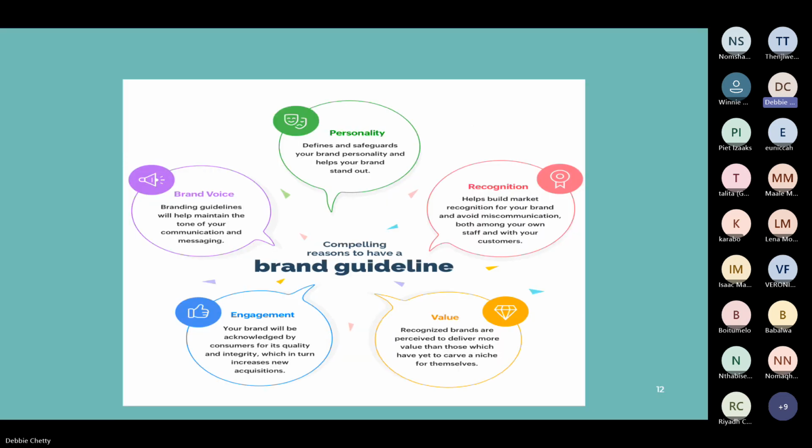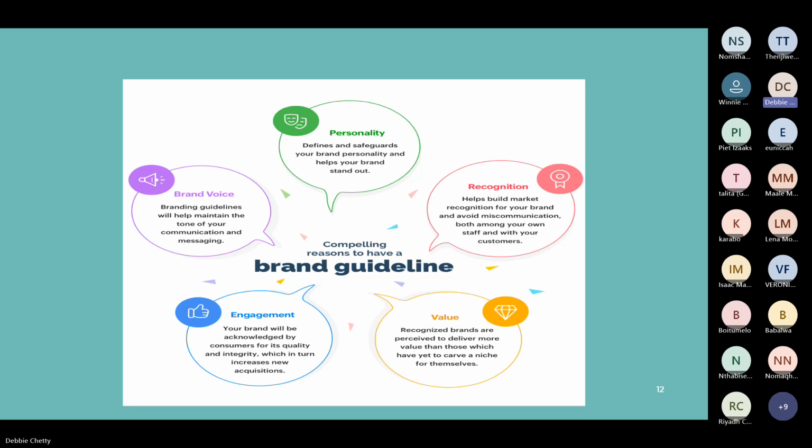And this also brings us to brand guidelines. There are compelling reasons to have a brand guideline. First, personality: it defines and safeguards your brand and personality and helps your brand to stand out. Recognition is also very important; it helps build your market recognition.